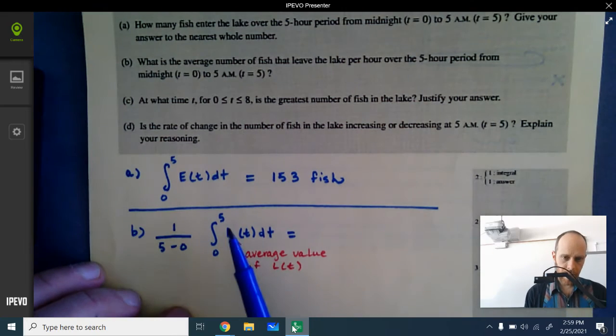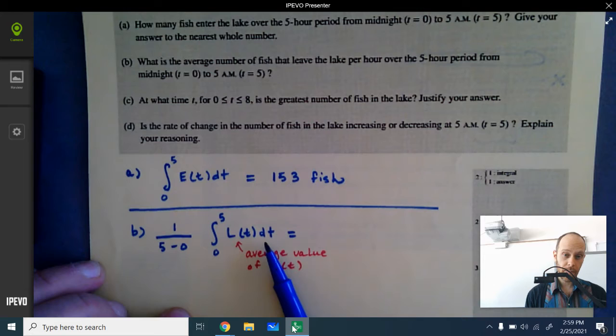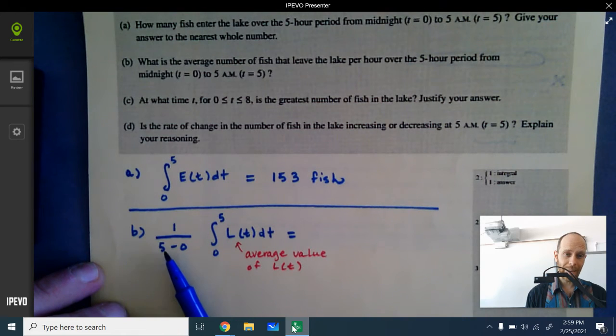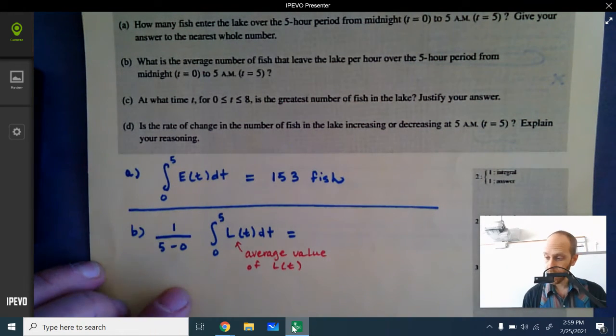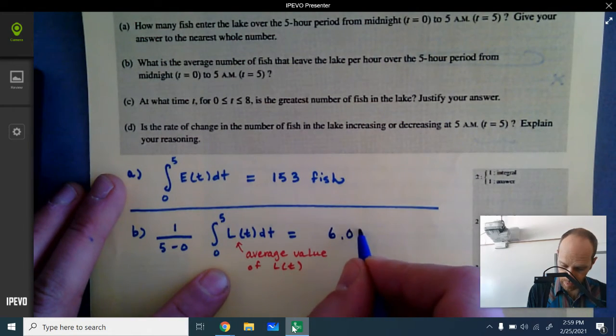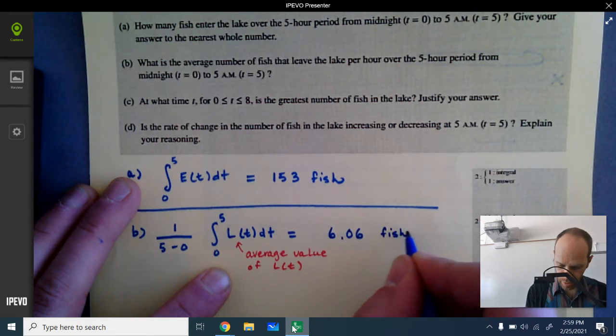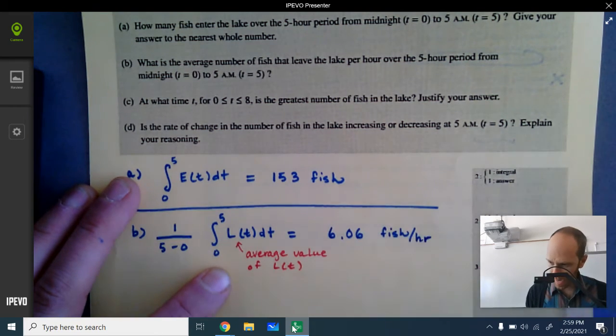So what we want to do is take the integral of L of t. That'll tell us the total number of fish that leave. And then we want to divide it by 5 minus 0 for the number of hours that have gone by. When you do that, you get 6.06, and that is in fish per hour.